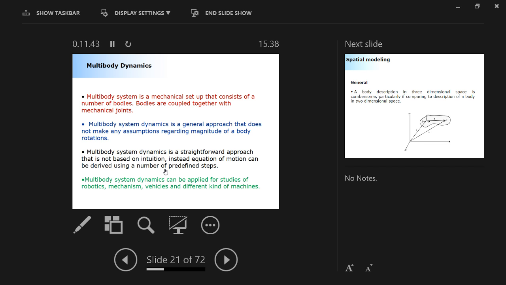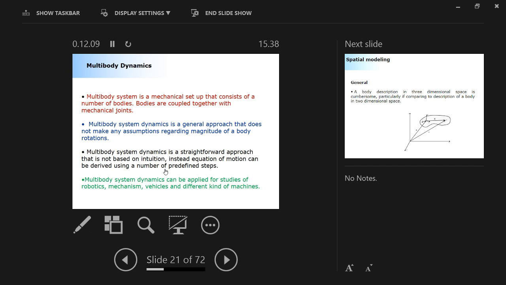Now, multi-body system dynamics is a general approach, and it's not making any assumption regarding the magnitude of body rotations. That's why you can use it for a crankshaft where the connecting rod is moving around all the time, or for pendulums that are not limited to small rotation, but instead you can analyze large rotations.